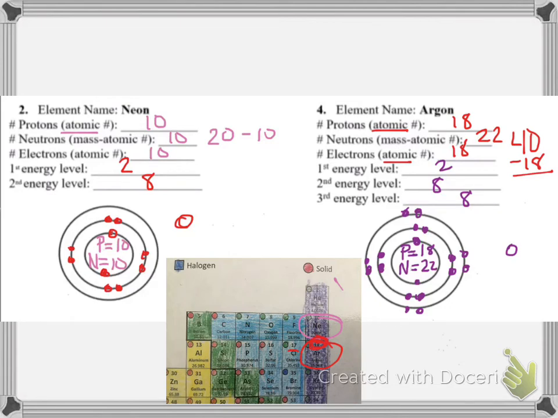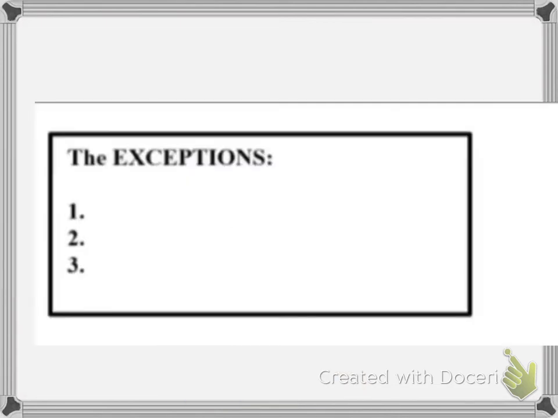All right, a couple more notes and then we'll be done this video. So exceptions. There's always exceptions to the rules. You know that, just the way it is. Helium only has 2 valence electrons ever, and hydrogen only has 1.